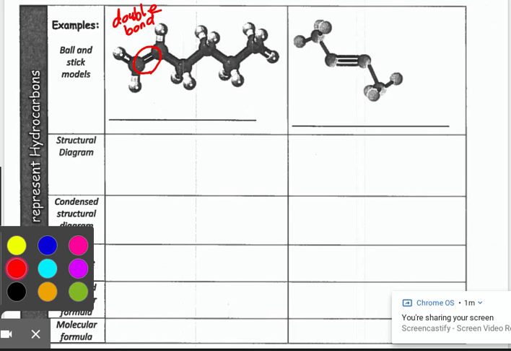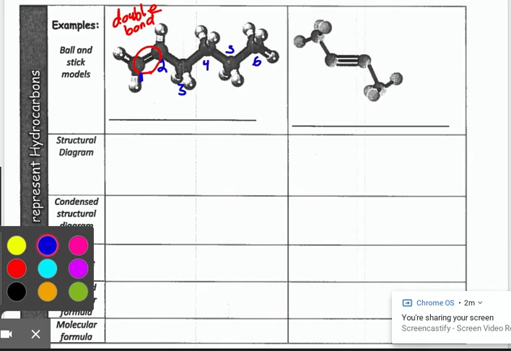So what that means is that we have to name this in a way that we indicate the position of the double bond. And a little side note here, we always number our carbons so that the double or triple bond has the lowest numbered carbon possible. So we're going to name this carbon 1, 2, this is going to be 3, 4, 5, 6.